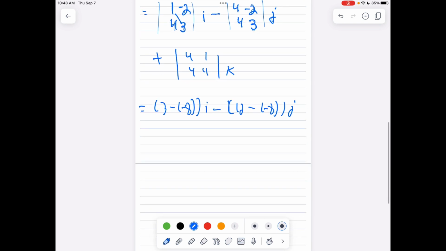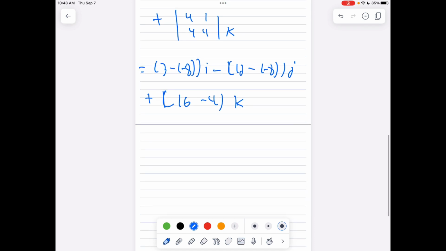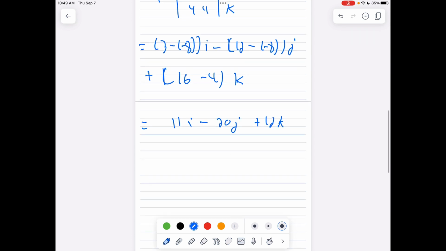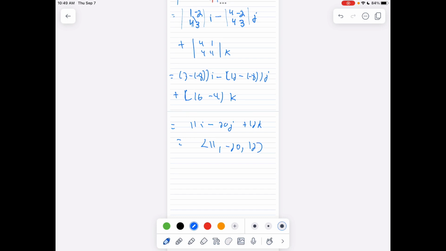And then plus 4 times 4, 16, minus 4 for the k. If you did all this math, this would come out to be 11i minus 20j plus 12k. Another way of writing this vector is (11, -20, 12), and that would be your normal vector.